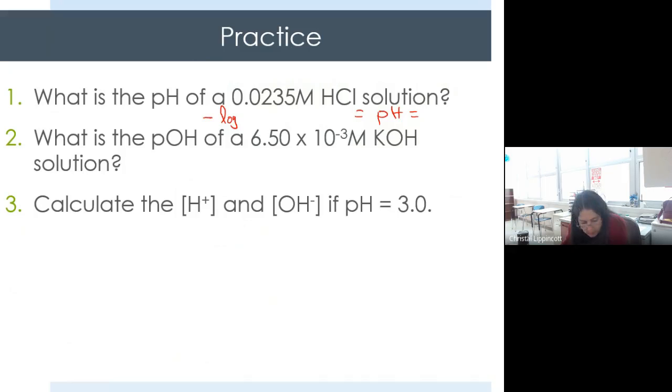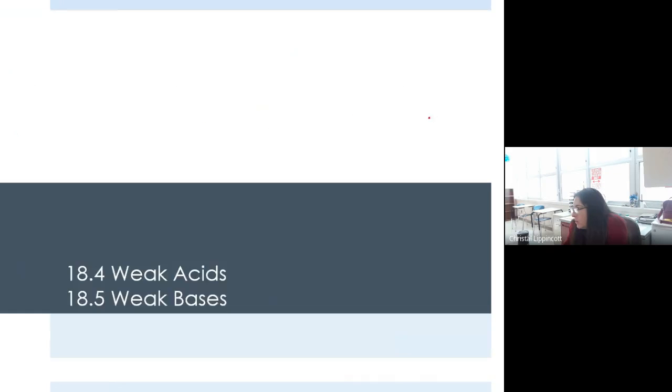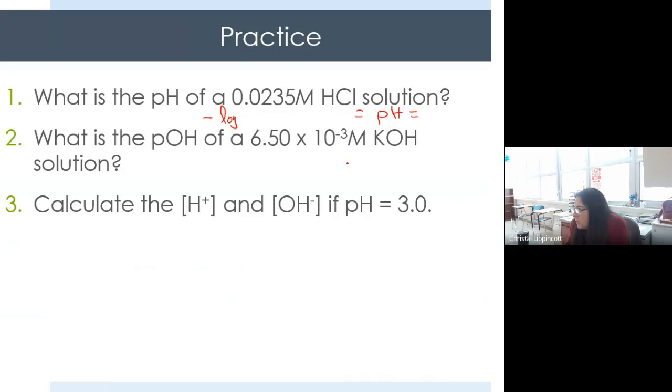All right, you get 1.63. So now we're going to figure out the pOH of this one. We have the molarity here. We want to figure out the pOH. So take the negative log of this to figure out the pOH.